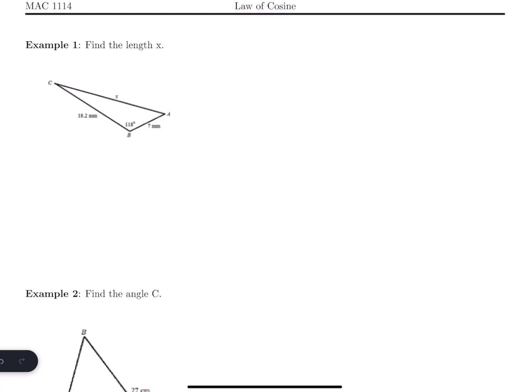Here it says to find the length x, right? So we're going to find this length x. That means we have to relate this angle right here. Okay. So let's write the law of cosine. The law of cosine says that the length we're focusing on, x squared, equals the squares of the two other lengths, 7 squared plus 18.2 squared, minus each of these individually, 2 times 7 times 18.2.